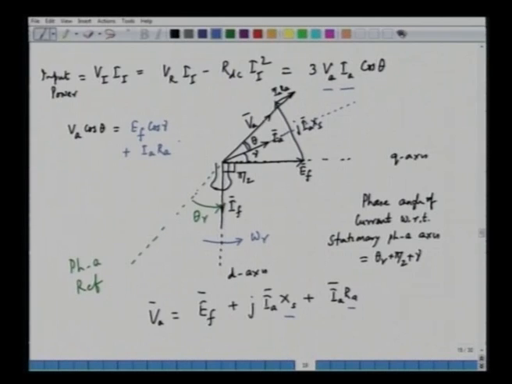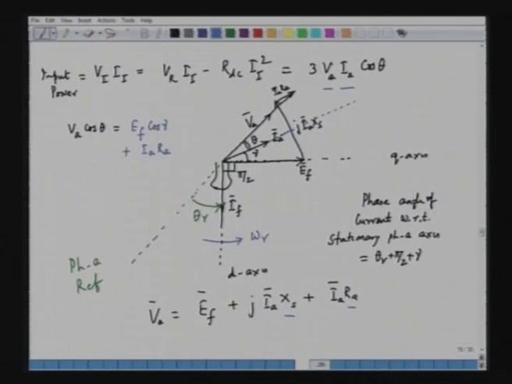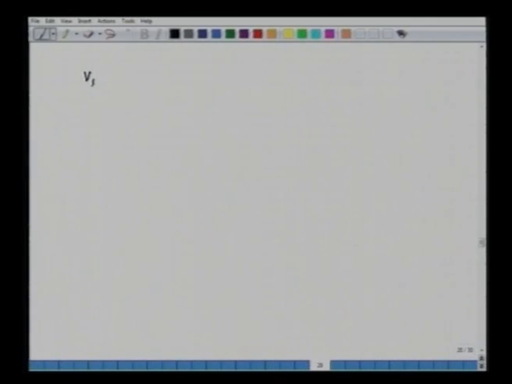that is IARA. So, we replace VA cos theta by EF, the field induced EMF, times cos gamma plus IARA. If we substitute that and simplify, we get the following. We have the original equation, VI II minus RDC II squared, equal to 3 VA IA cos theta.